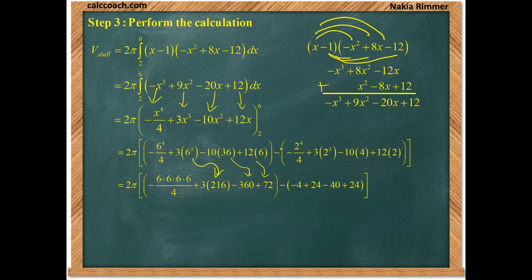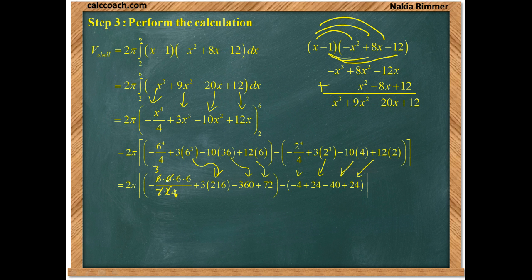On the other side here, this one comes out nicer without the fraction because we'll have 16 over 4. Be careful, there's a negative on that, so that's a negative 4. 3 times 8 is 24. We'll have the minus 40 and then the plus 24. So here's how this is going to work. This 4 is like a 2 times 2. This 2 would turn this one into a 3.